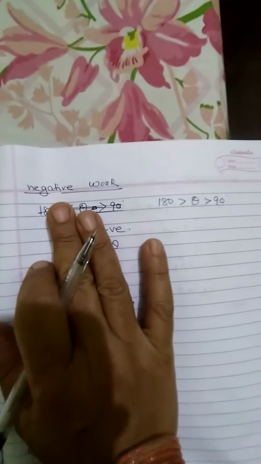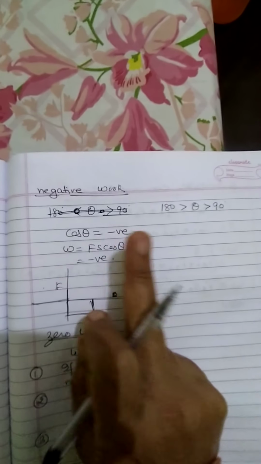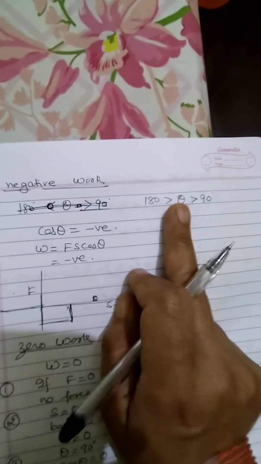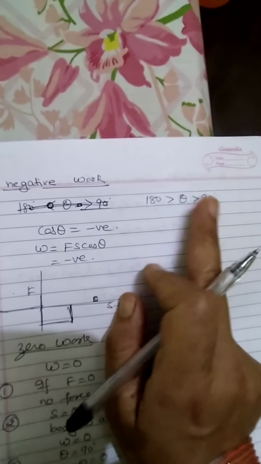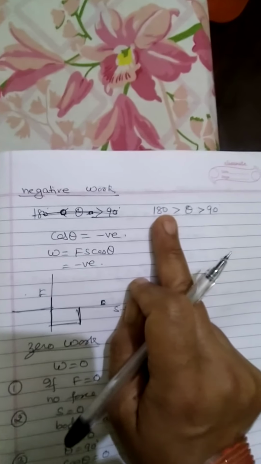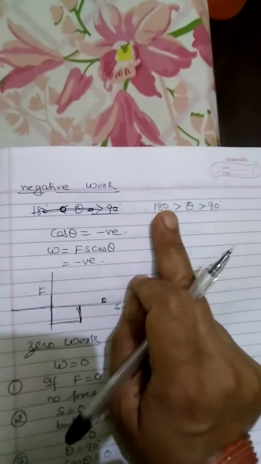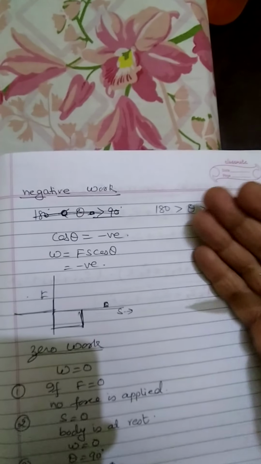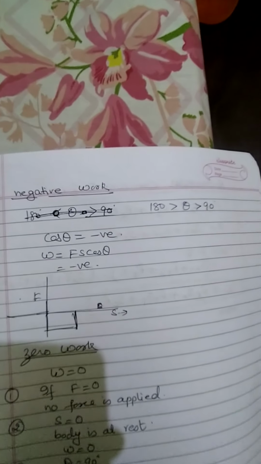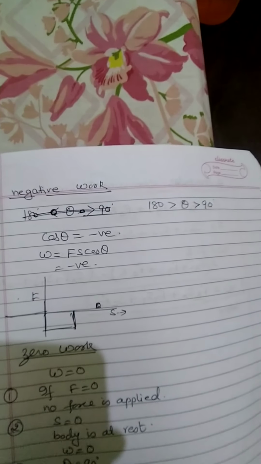Then we come to the negative work. Negative work is when cos theta is negative, and cos theta is negative when theta is in the second quadrant, that is, theta is between 90 and 180. Theta cannot be more than 180 for a real life situation. Very rarely, when the angle comes below the surface, then only it will be more than 180, otherwise it cannot be.